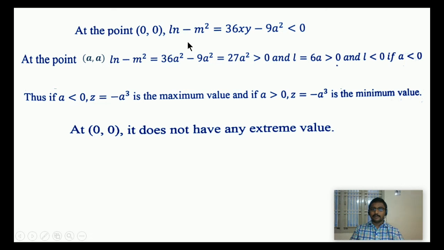By the working procedure, whenever LN minus M squared is negative, less than 0, then there is no maxima or minima, and the stationary point is called a saddle point. Extreme value means either maxima value or minima value. So (0, 0) does not attain any maxima or minima.